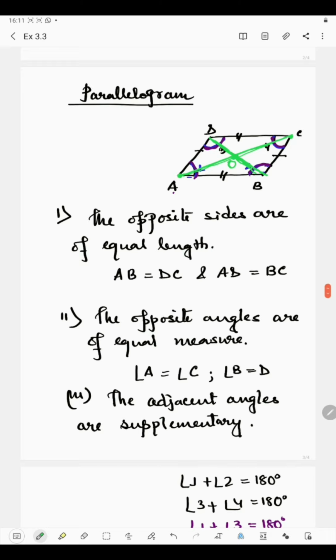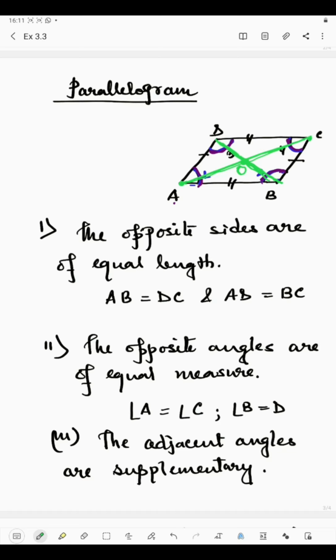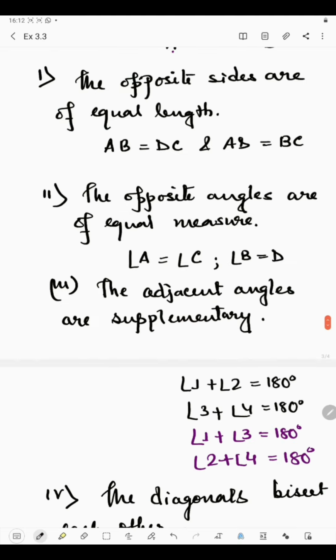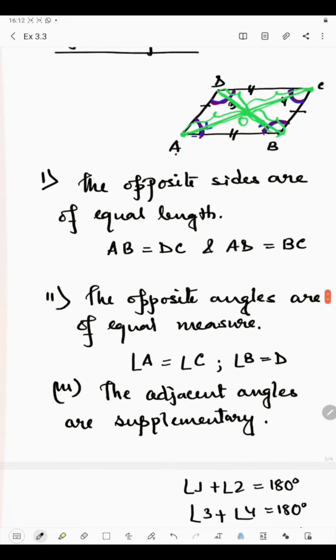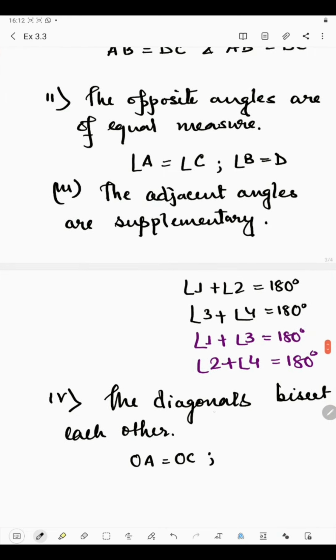Bisect means O is the intersecting point and it divides the line segment into two equal halves. So the length of OA will be equal to the length of OC. Similarly, the length of OD will be equal to the length of OB. So we can write OA equals OC and OB equals OD. These are the properties of a parallelogram.